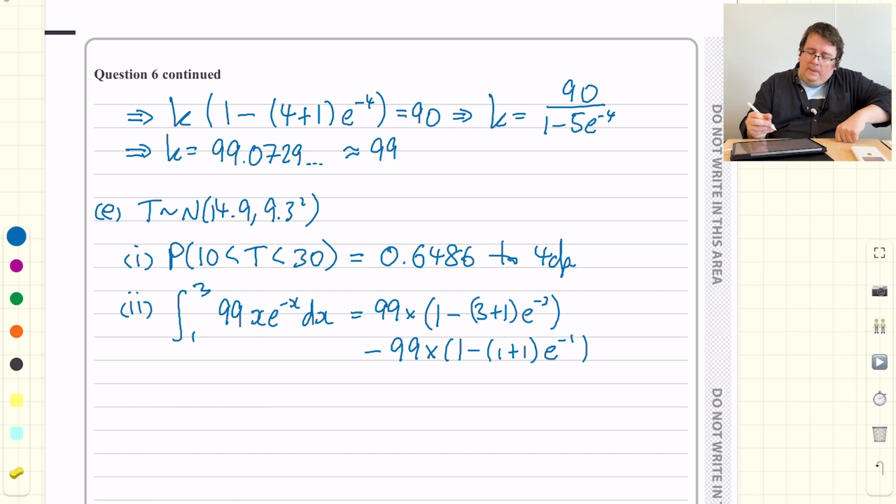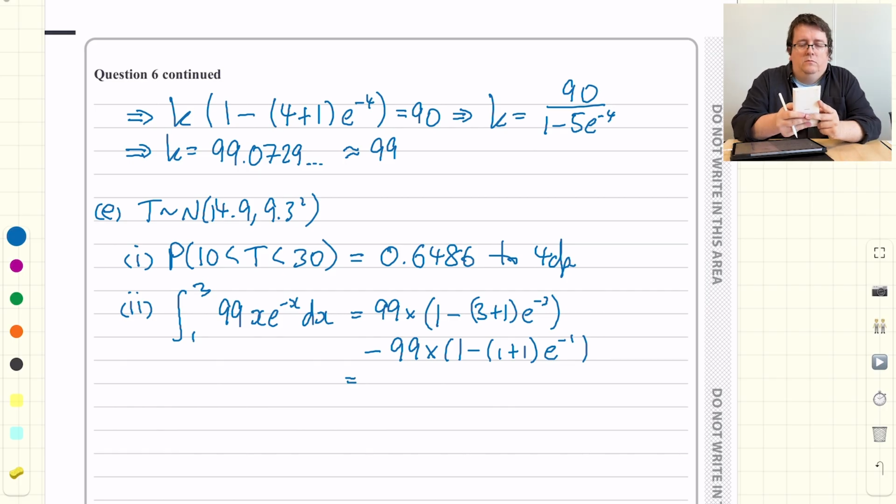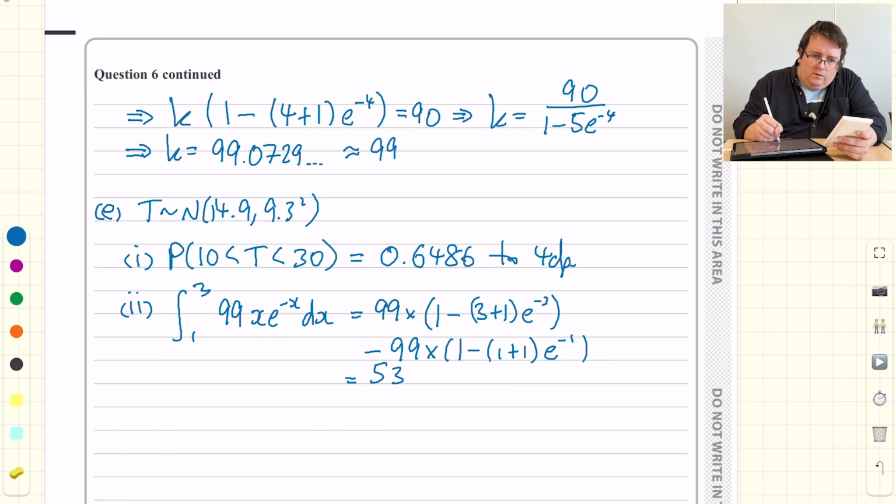Okay? So we find this out. So 99, 1 take away 4 e to the minus 3, take away 99, 1 take away 2 e to the minus 1. And we get 53.12445, etc. Now remember, we need a probability here.